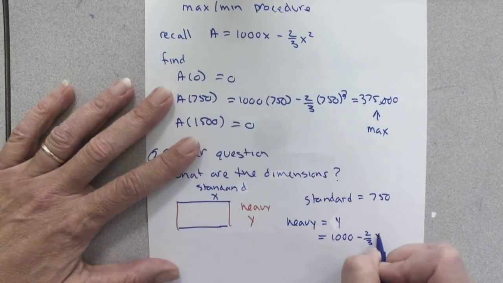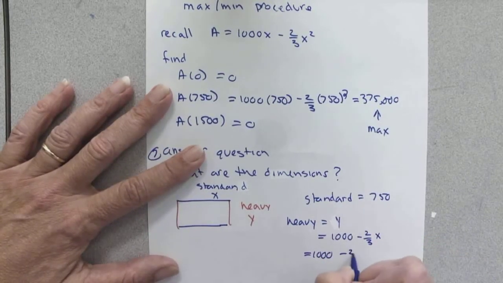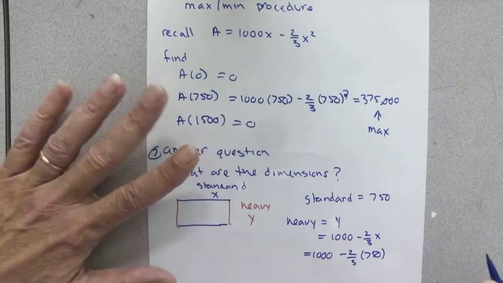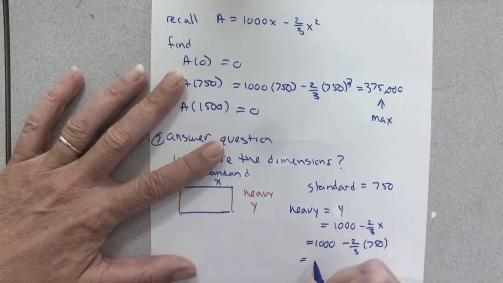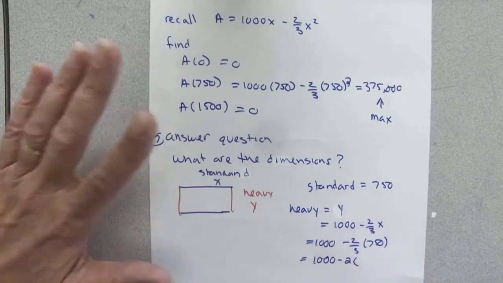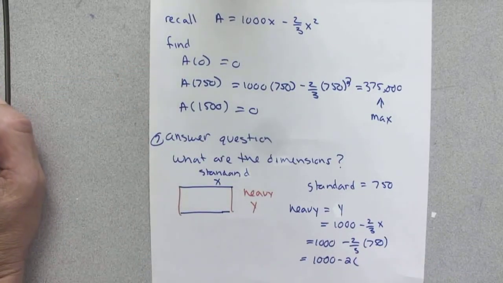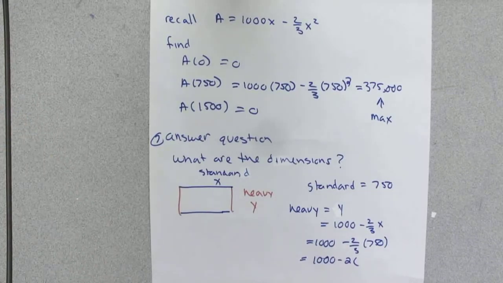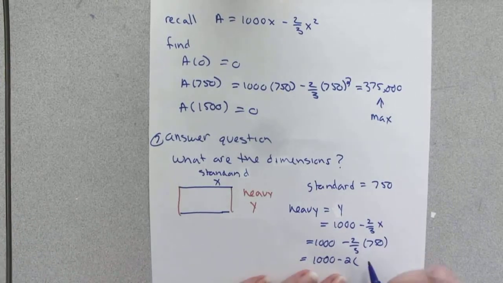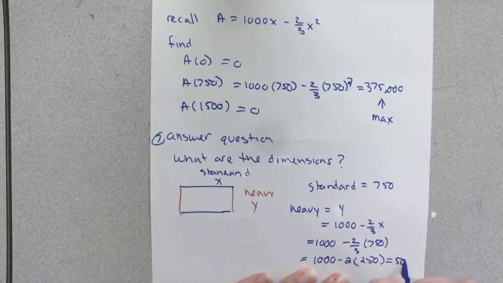1,000 minus 2/3 x, so 1,000 minus 2/3 times 750, which is 1,000 minus 2 times, I should be able to do that in my head, but I can't. 750 divided by 3 is 250, and that's going to be 500.